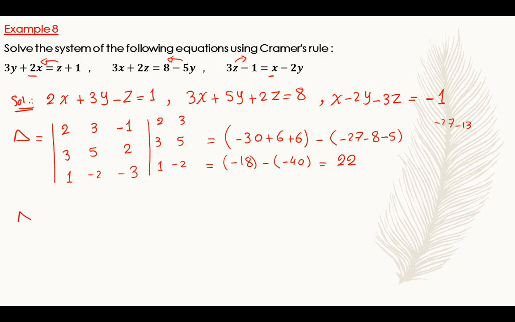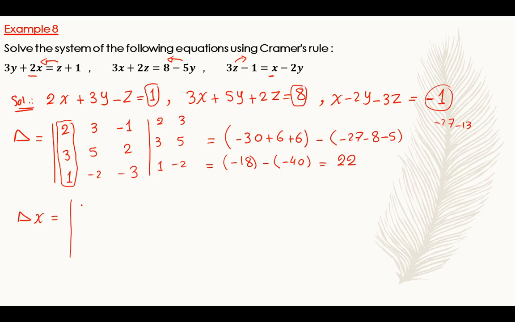The second step, we will find delta x. Here we are going to replace the first column, 2, 3, and 1, which are the coefficients of all the x's, with the constants 1, 8, and negative 1.